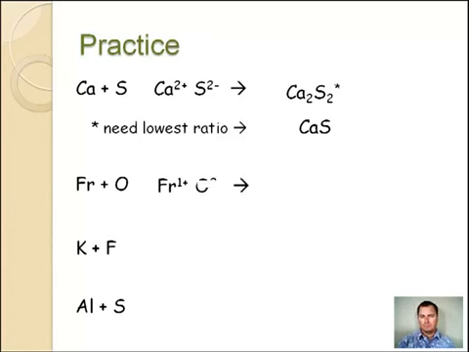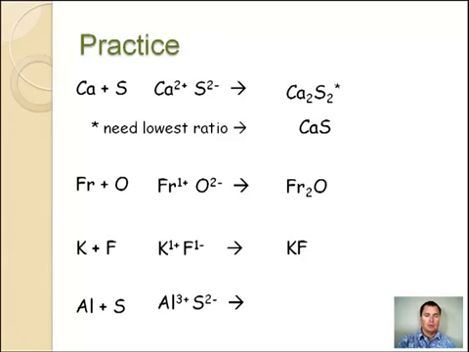How about the next one? Fr is +1, O is -2, crisscross, Fr2O. Next one. K is +1, F is -1, we get KF. Remember, we don't have to write the number 1 if it's there. Last one, you should have got because it was our example from previously, Al2S3.